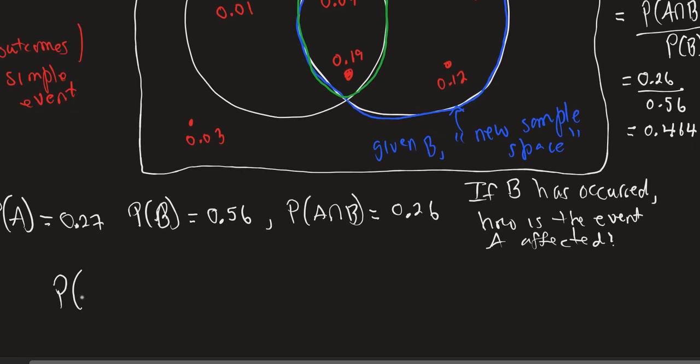I'll just give you some terminology as well. When you have something like the probability of A with no prior information, it's just the probability of A. This is sometimes called a prior probability.